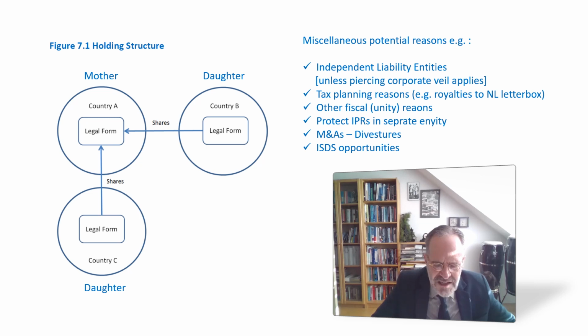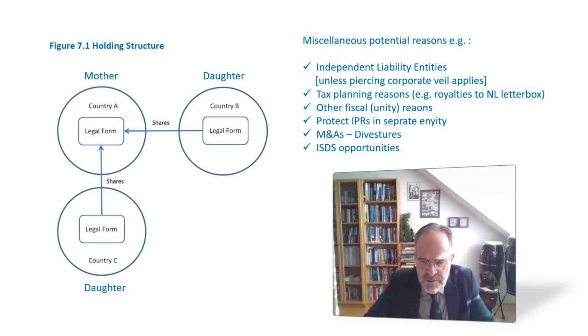Another reason why holding structures are created is that a company may decide to bring all of its intellectual property, patents, trademarks, etc. into a separate entity, thus splitting it off from the mother and ensuring that in case the mother would become liable for anything and would not be able to meet its liability obligations, that recourse could be taken on the intellectual property by bringing it all into a separate legal entity.